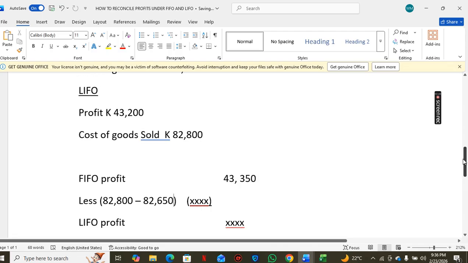So we get the difference, 82,800 minus 82,650, we get 150.